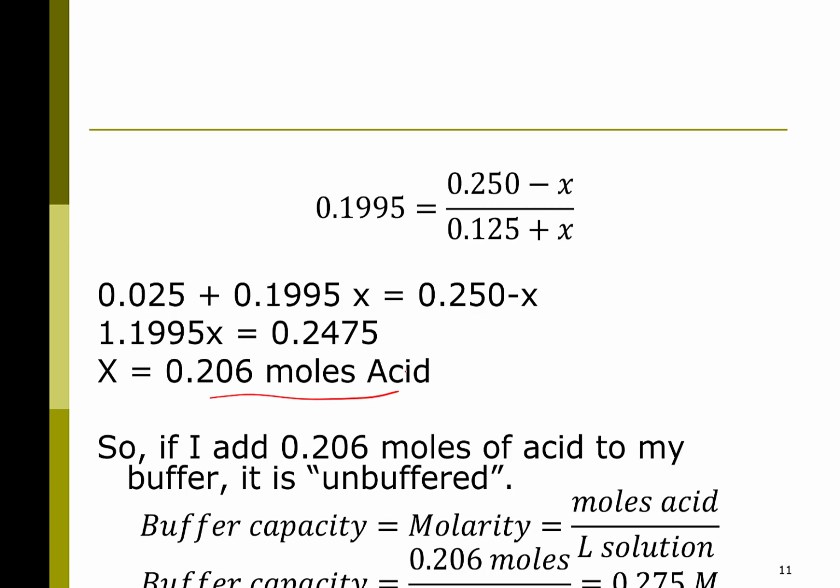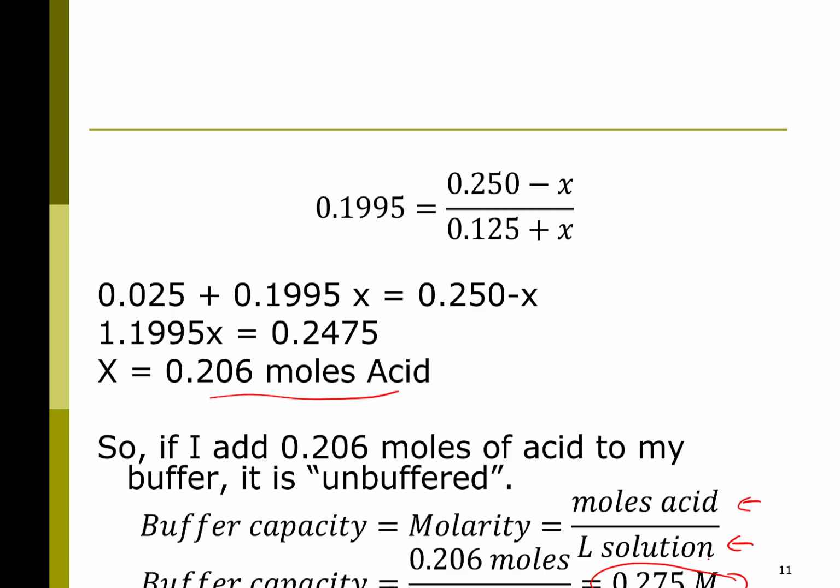And so buffer capacity is specified in molarity, which is moles per liter, because then the volume doesn't matter. Right, so in this particular case, 0.206 moles was added to the original 0.75 liter buffer to move the pH. And so the acid buffer capacity would be specified as 0.275 molar.